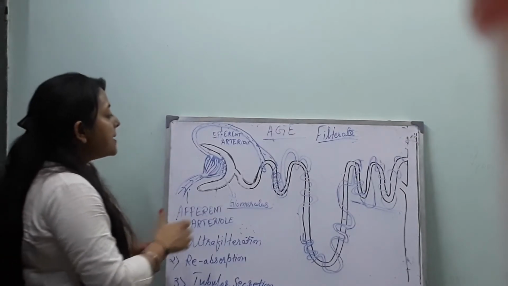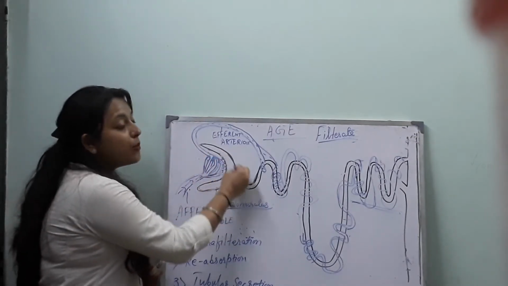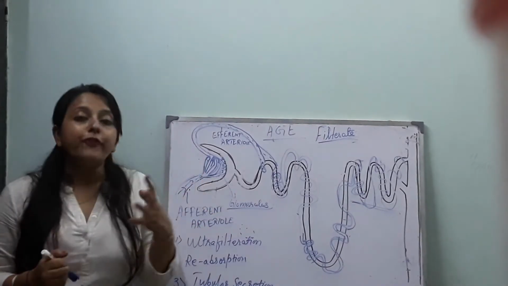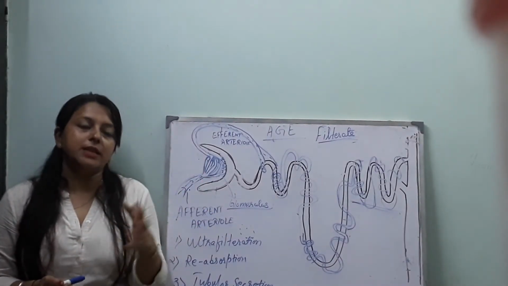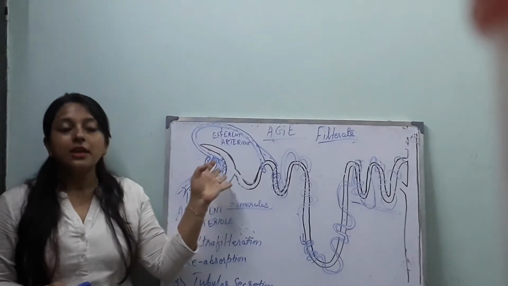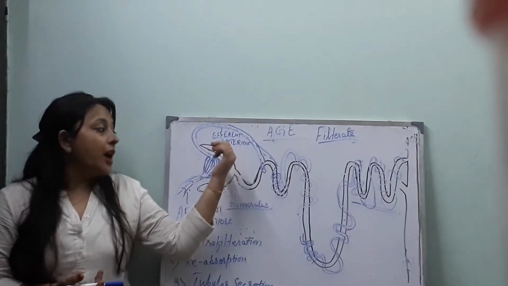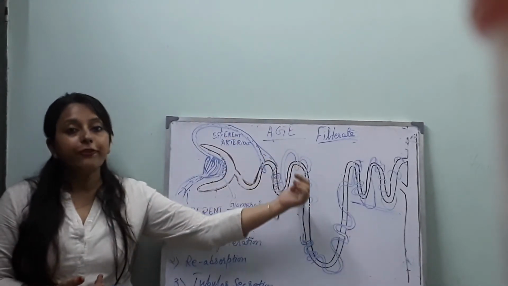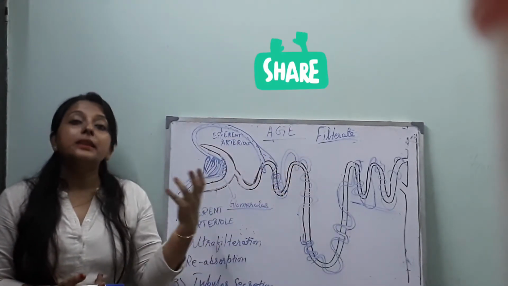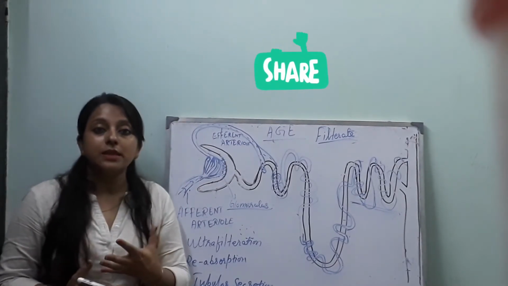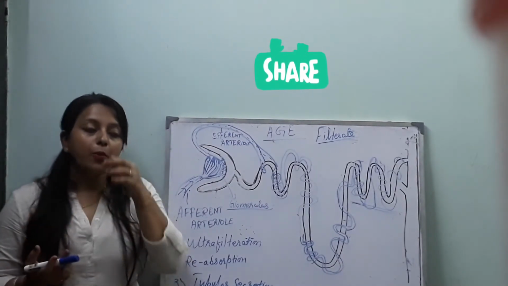Now, as filtrate enters the Bowman's capsule, what happens? Not only waste nitrogenous substances are filtered here, some useful substances are also filtered and enter different parts of the nephron. But the nephron can't allow these useful substances to be removed from our body.